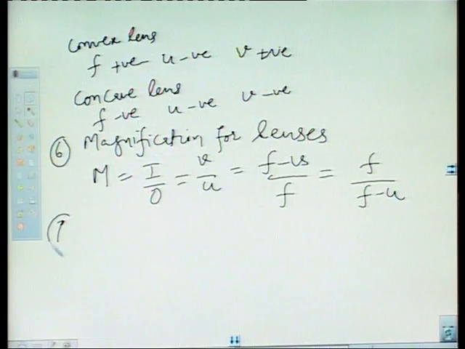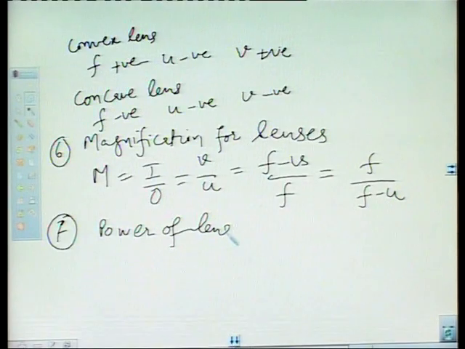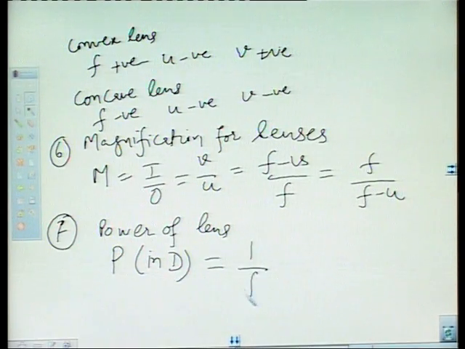Next is the power of lens. Power of lens is denoted by P. Power in diopter, diopter being the unit of power, is given by 1 upon focal length in meter.